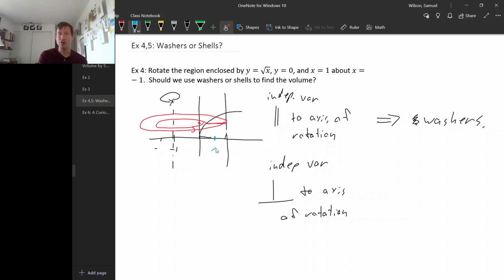So we would get one cross-section for every x value. The line segment that is the cross-section of the region would be this blue segment. And when you rotate this blue segment about the axis of rotation, we get this cylindrical shell. So when your independent variable is perpendicular to the axis of rotation, you get shells.